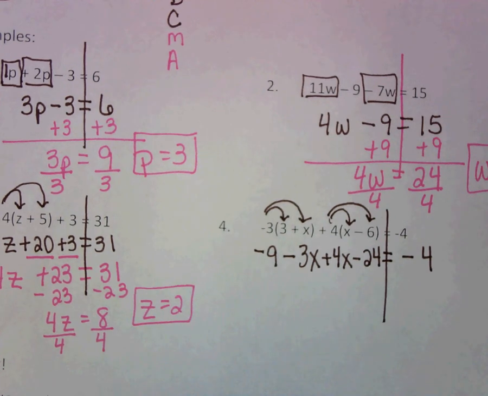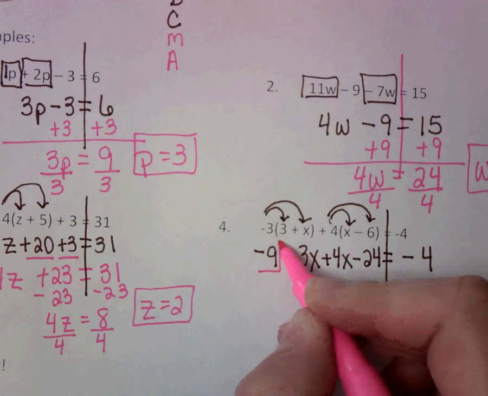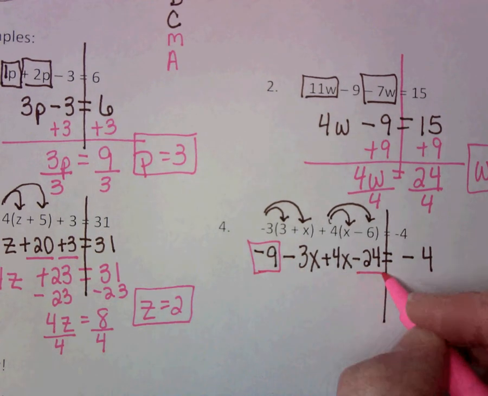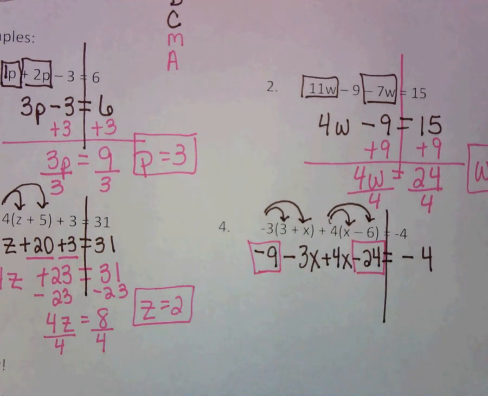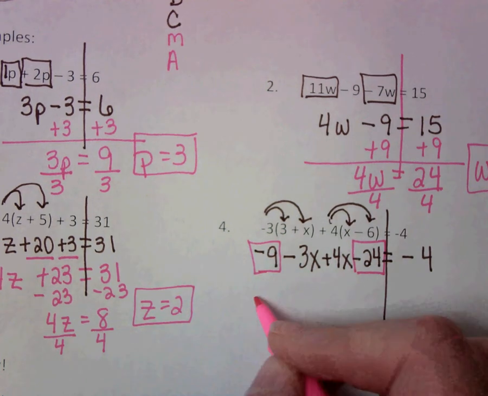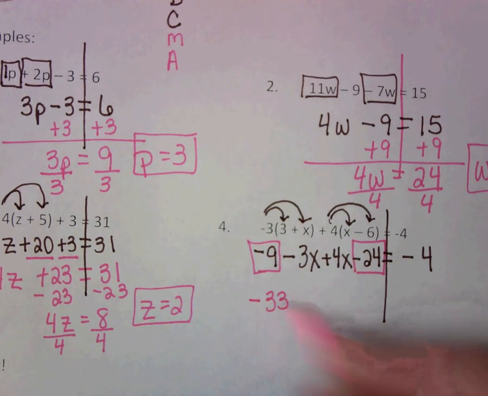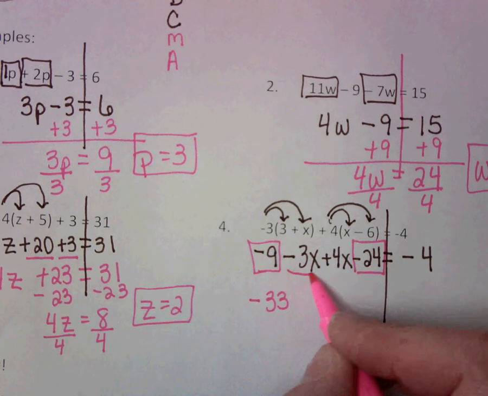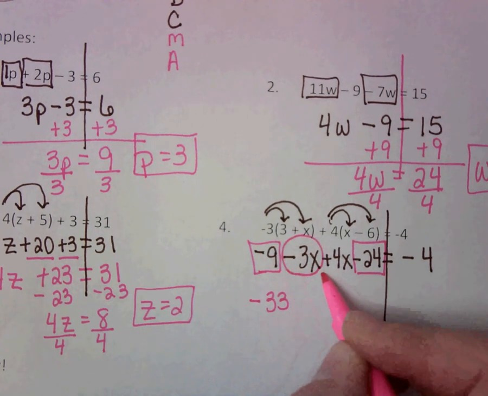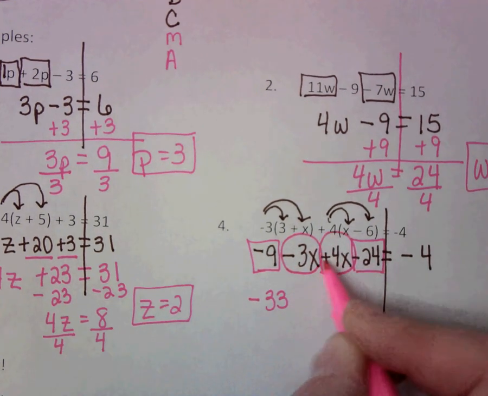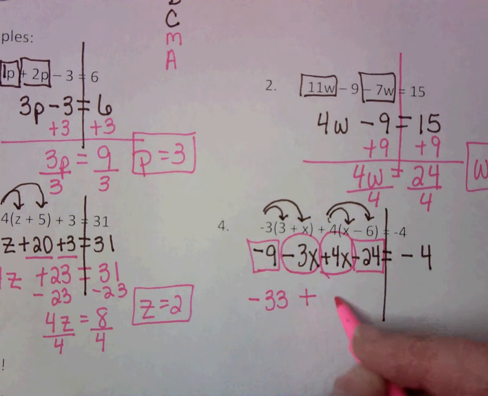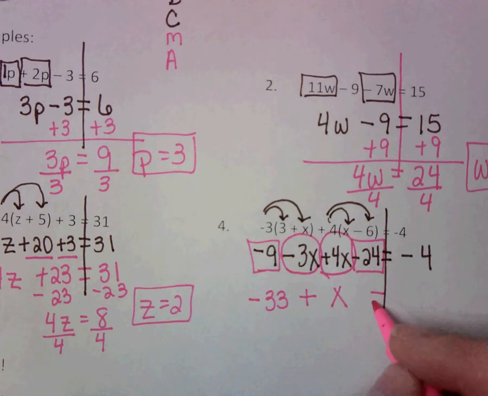Okay, so now let's look for like terms. I've got negative 9 that goes with negative 24. They're both negative, so that makes negative 33. And then I've got negative 3x plus 4x. I'm just looking at my signs, which makes positive 1x.